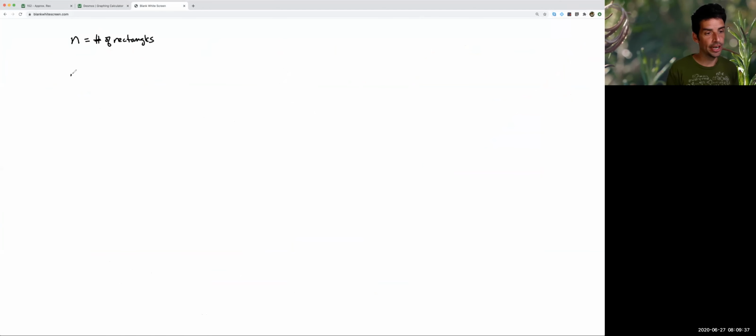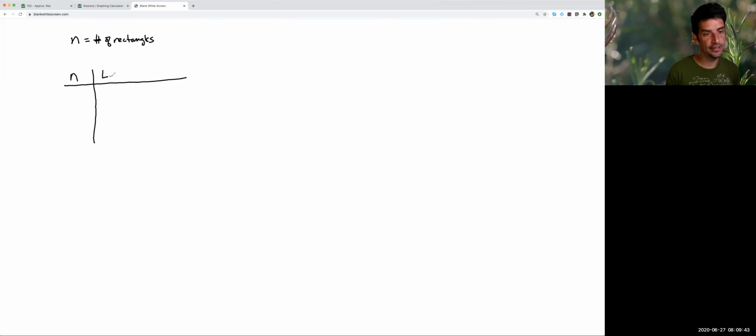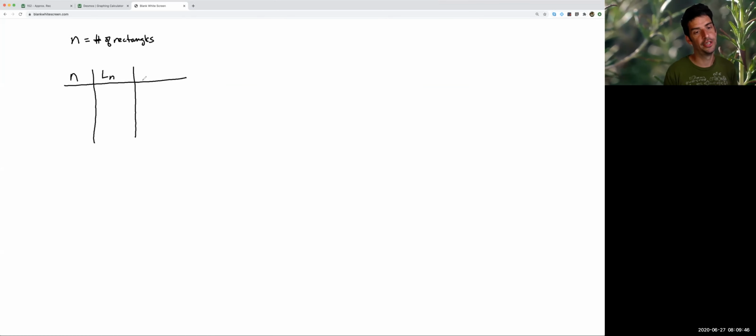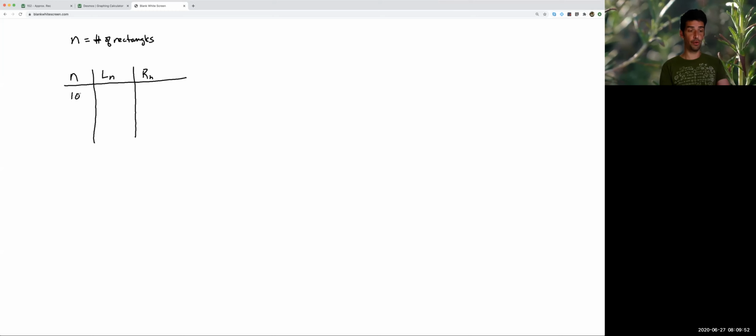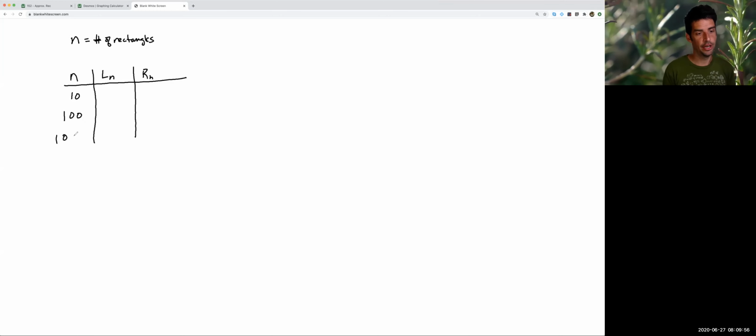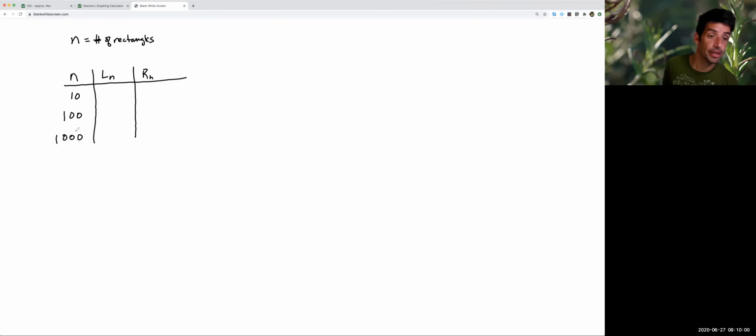Okay. So what I did was compute the left-hand approximation and the right-hand approximation for n of 10. So we just did 2 and then 4. I did it for 10, 100, and 1,000. Okay, now I didn't do this by hand. I programmed a computer to do it for me.